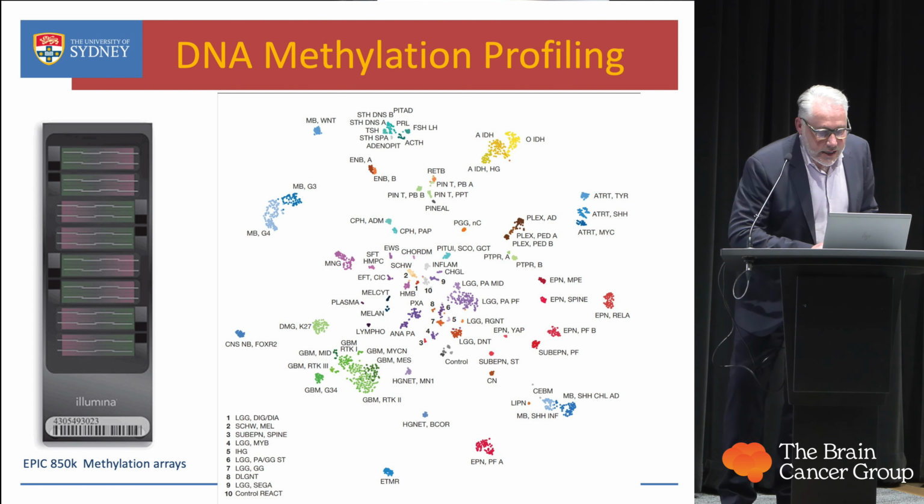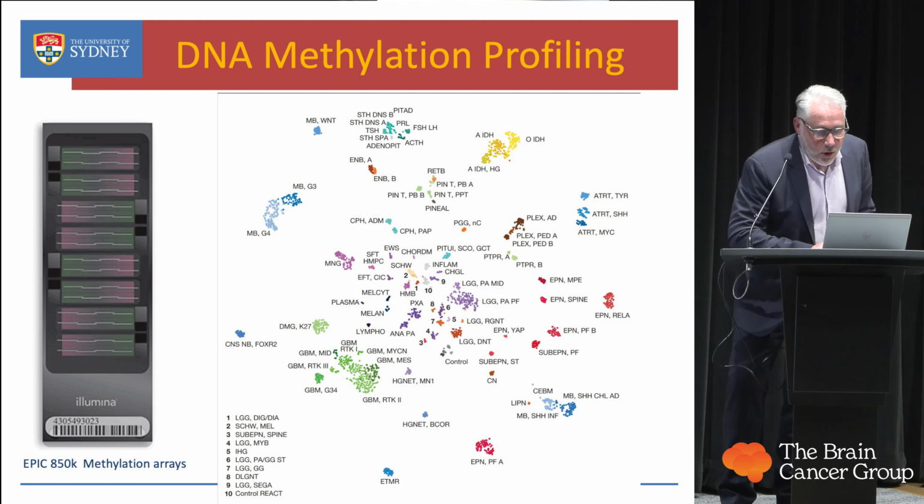So you can't see it here, but say this little blue blob here, that might consist of 20 or 30 different individual blue dots that are tiny, but they're all clustering together so they look like a big blue blob. But it seems that a specific tumour type will cluster together on this methylation array.